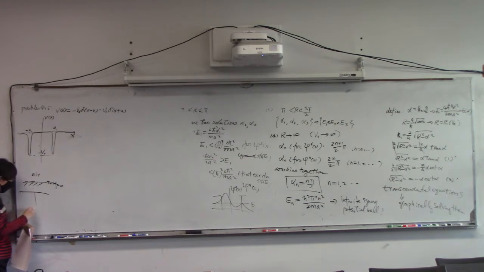Or if we have two conductors, conductor 1 and conductor 2, and here is the interface, then the electron going from 1 to 2 sees this interface as a kind of energy barrier that you have to overcome.